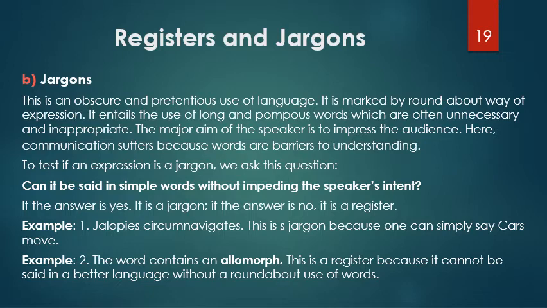This simply means cars move. Cars move represents a register, while in Jalopies circumnavigate, the speaker is trying to attract attention, and this may serve as a barrier between the speaker and the listener, or between the writer and the reader. Because once someone is trying to impress the audience, the essence of communication may be hindered, may be truncated.